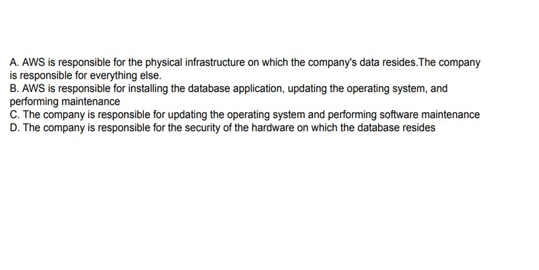Option B, AWS is responsible for installing the database application, updating the operating system, and performing maintenance. Option C, the company is responsible for updating the operating system and performing software maintenance. And option D, the company is responsible for the security of the hardware on which the database resides. The correct answer is option B.